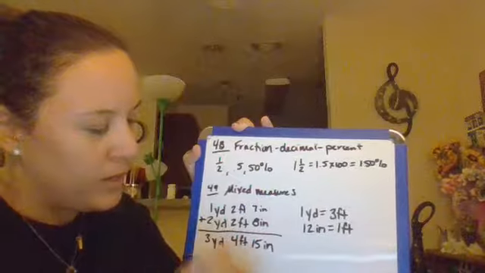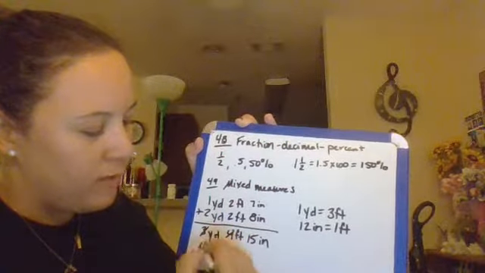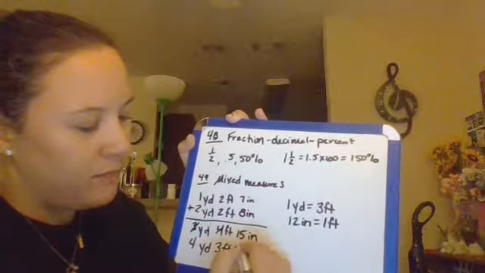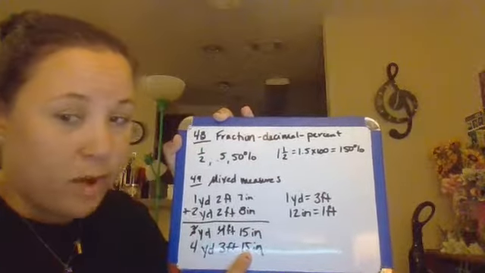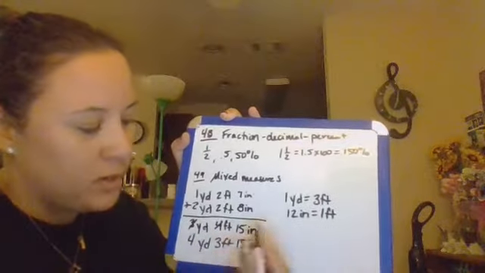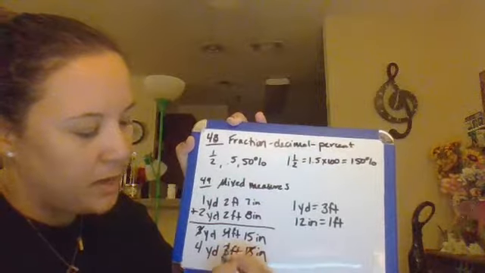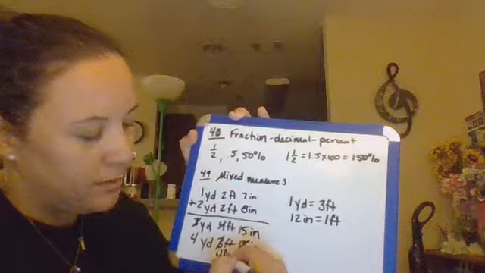So this one, we can take one of these feet away and put it over here. So we'll have 4 yards, 3 feet, and then 15 inches. And then we know there are 12 inches in 1 foot. So we're going to take 12 of those inches away and add it over here to make another foot, which is going to give it 4 feet.